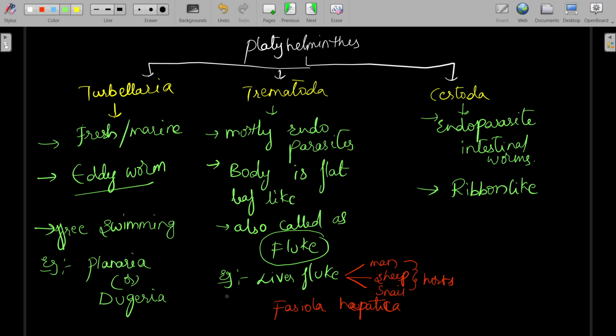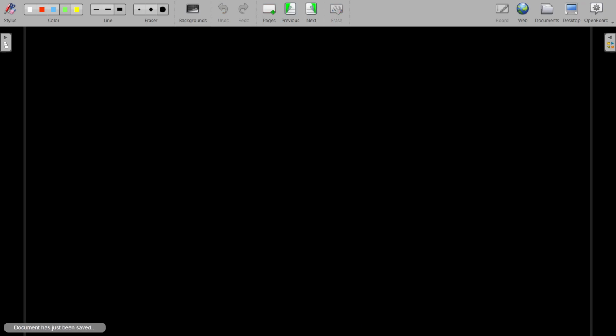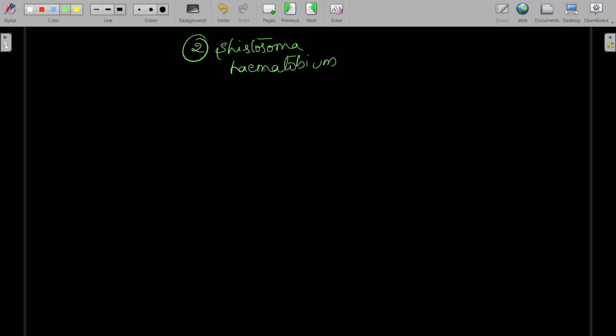The second example in Trematoda is Schistosoma haematobium. You can see the name itself indicates haem, meaning blood. So this is also called blood fluke.